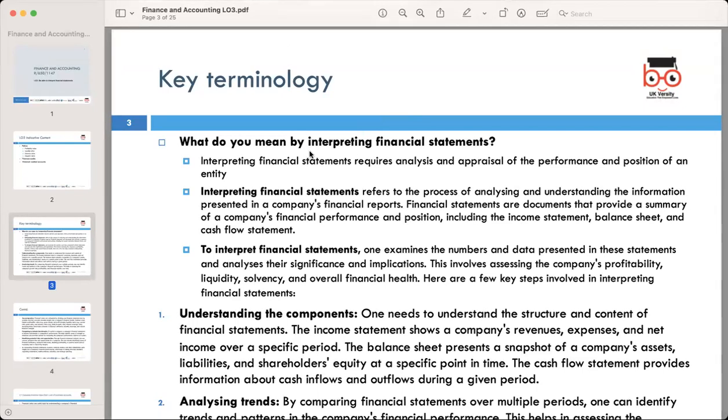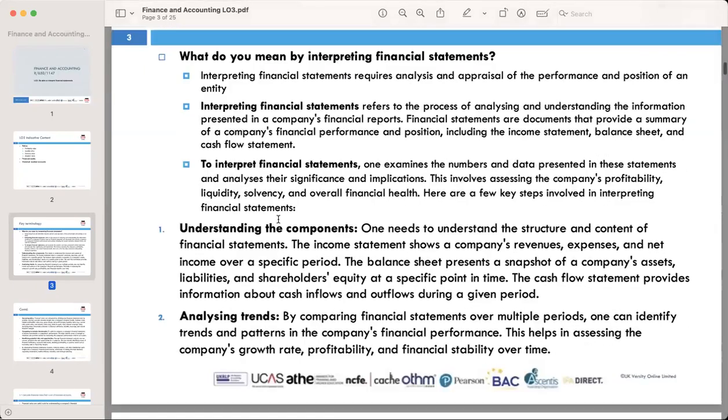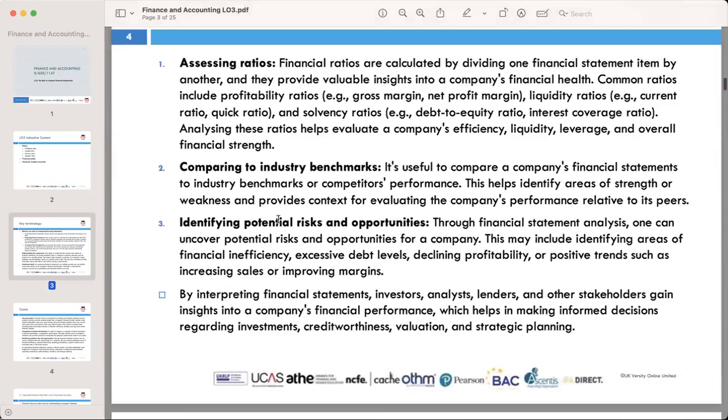Next is financial ratios, assessing ratios. Financial ratios play a central role in assessing a company's performance.